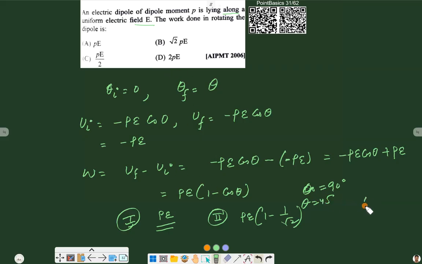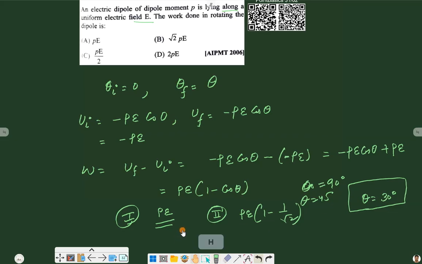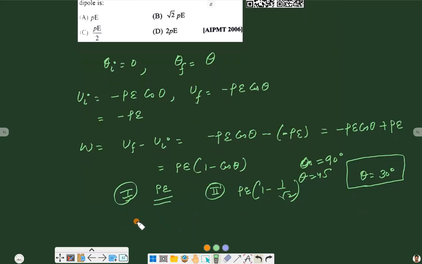Now let's take theta is equal to 30 degrees. In the case of 30 degrees, cos 30 is root 3 by 2, and in that scenario the answer will be PE times 1 minus root 3 by 2, and that also does not match. Now going to the fourth option, theta is equal to 60. Now cos 60 is half, so 1 minus half, that will be PE by 2. So PE by 2 is also possible.